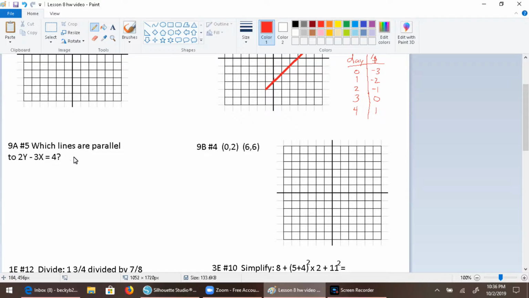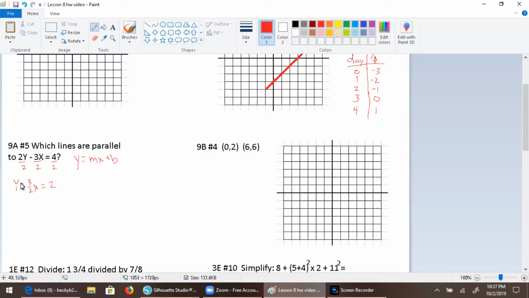Now remember, when we're doing our comparison for slopes, we need to have it in slope-intercept form. And that's y equals mx plus b. So to have it in slope-intercept form, we need to get y all by itself on one side of the equation. So we need to divide by 2 everywhere. So now we have y minus 3/2 x is equal to 2.